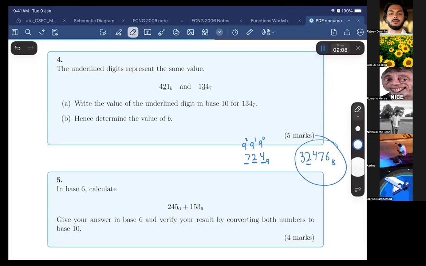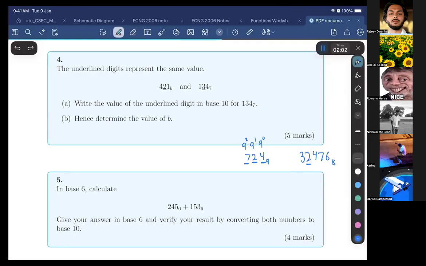That's base 8. So tell me, what would the place value for this one be? That would be 1,000, so it would be 8 to the power 3. Yeah, 100% correct. Cool.